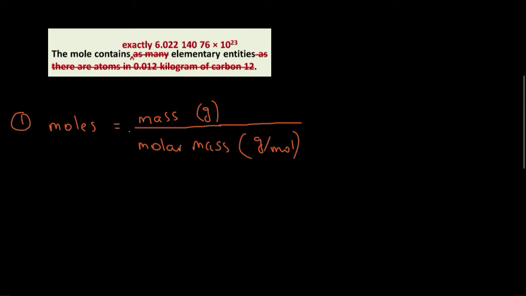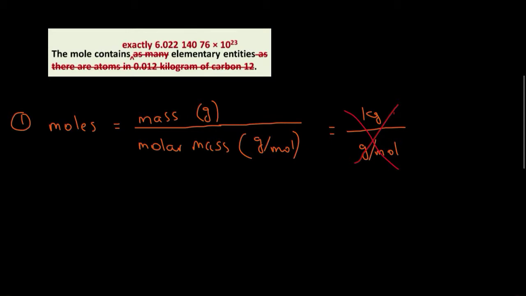The reason is, as you're calculating moles, you want the final unit to be mol. So in this structure, if you take say kilograms on top, whatever the unit is, I'm not getting into the values, I'm just talking about the unit. If you have kilograms here, and the molar mass from the periodic table is in grams per mole, the units will not cancel out. So this wouldn't work.